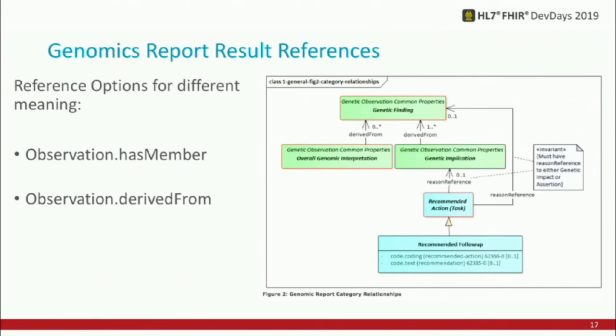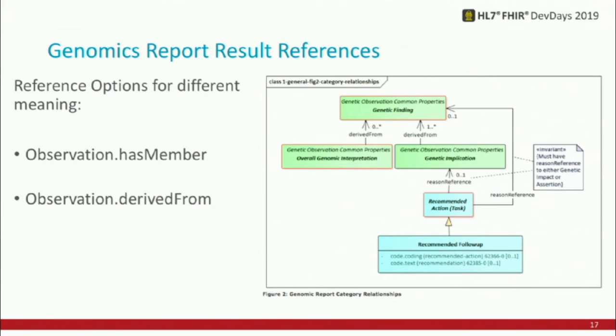So on the second diagram, on the general reporting page here, we've got some other reference options. The main point here is the fact that the implications must be derived from a finding. You can't just say that they're pathogenic for something. You have to say specifically what is causing that issue or that implication that you have clinically. And then there's also the overall interpretation, which will need to have preferably a finding.